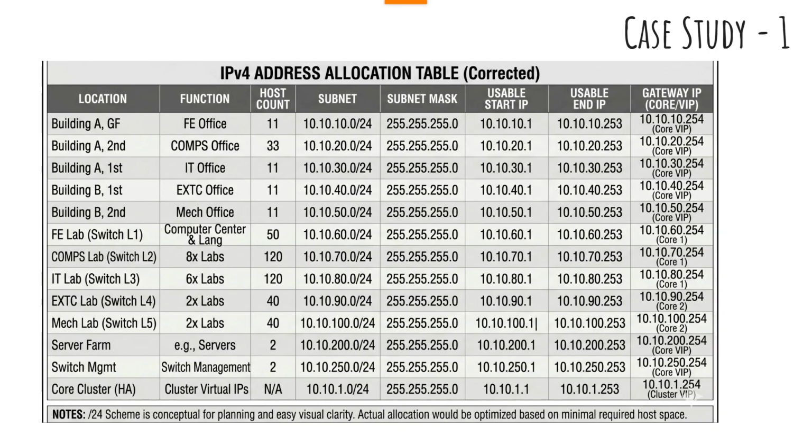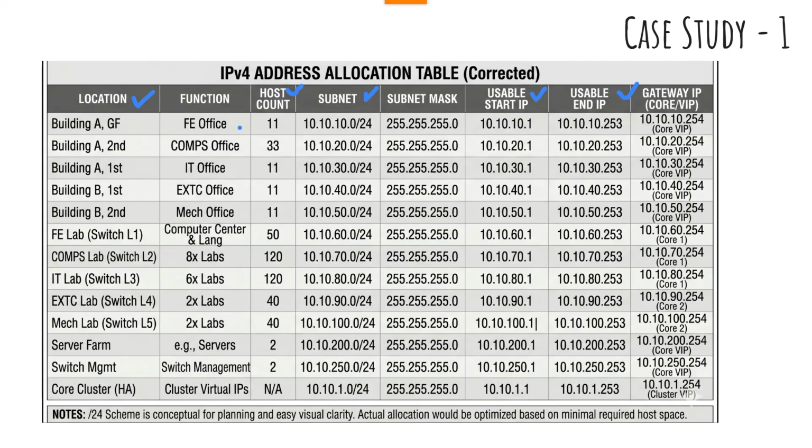You need to create a table like this where there is a location identified, the number of machines, what subnet you are going to use, and the start address and end address, which are usable IPs, because you know that the first address is the network address and the last address is the broadcast address when you create a subnet. So obviously those two addresses go away.